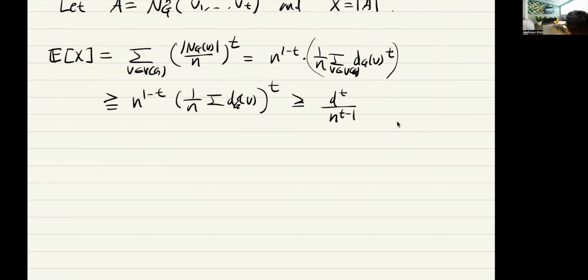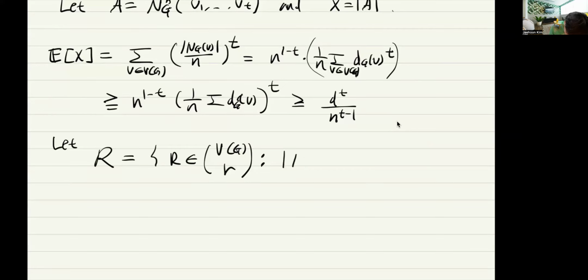Now what you can do is that curly R is the set of all R subsets, capital R, which has size small r, that has common neighbor size smaller than M. So this is the collection of sets of size r with small common neighborhood.